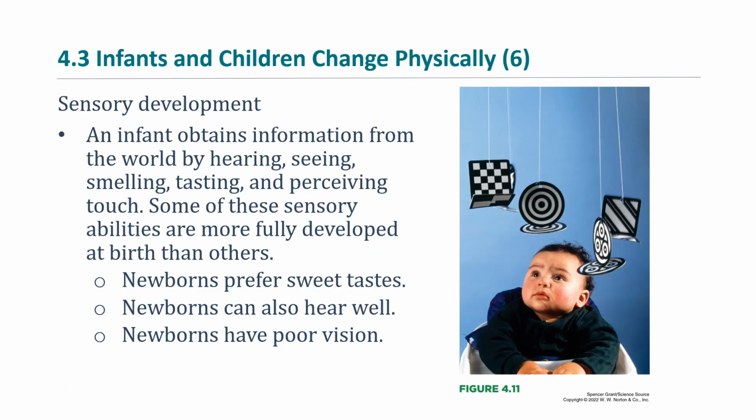An infant can only see clearly in the range of about 8 to 12 inches away from their eyes. So there's a short window of about 4 inches where things will look clear to them, but they'll be blurry if they're closer or farther away.